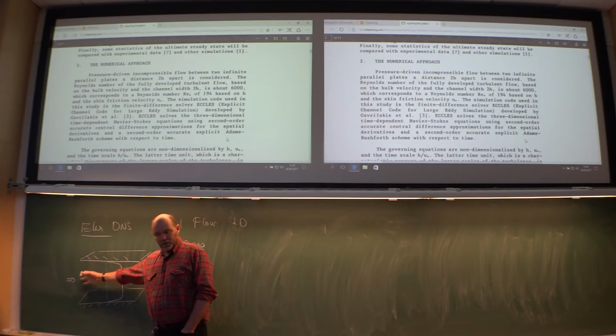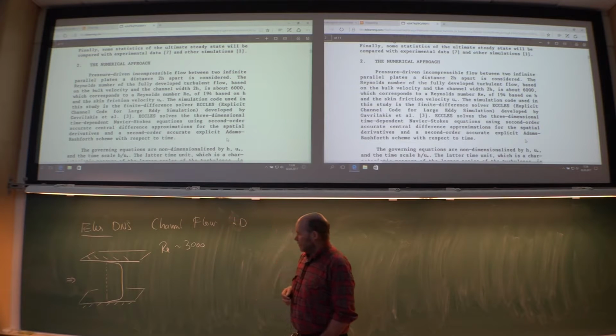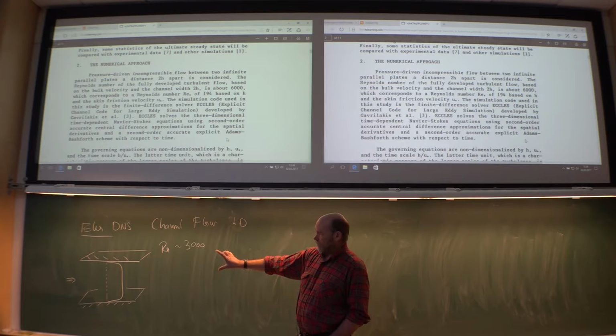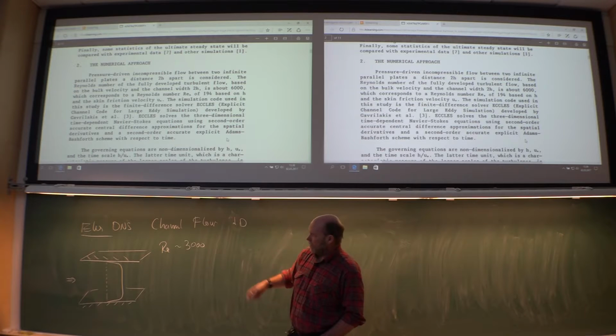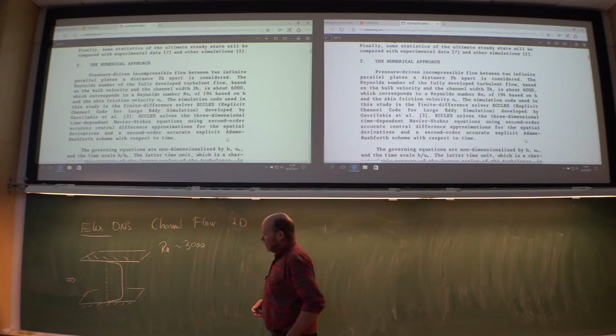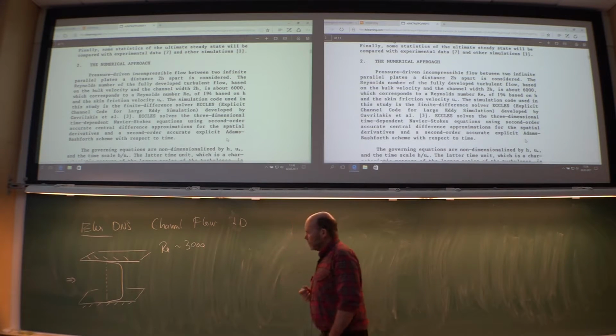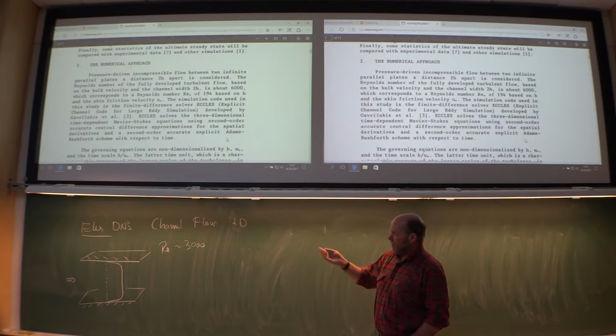You have something called an entrance length, which then is going to be pretty long. Several, not diameters, but several of this h distance before it's fully developed. And we were not interested in the development, we were interested in a fully developed, steady-state, averaged turbulent flow. So the problem is how to achieve it.